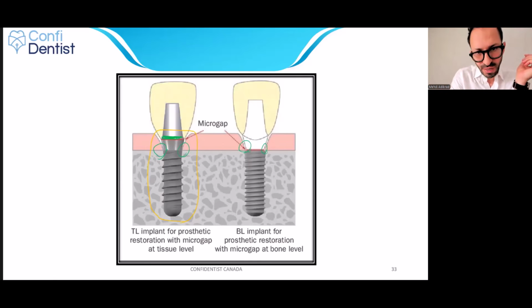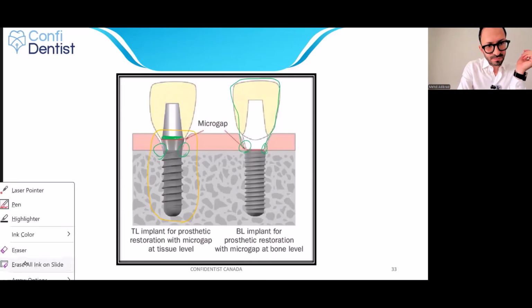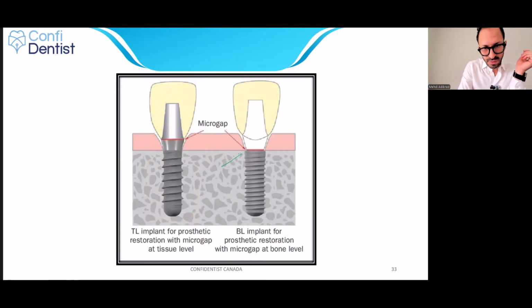Microgap is where the crown and prosthetic abutment attach to the implant fixture. So this area. If I don't have platform switching, this microgap can create a microbial pump, push the bacteria deep inside the bone, and create alveolar bone loss. Okay, but that is not part of this lecture.